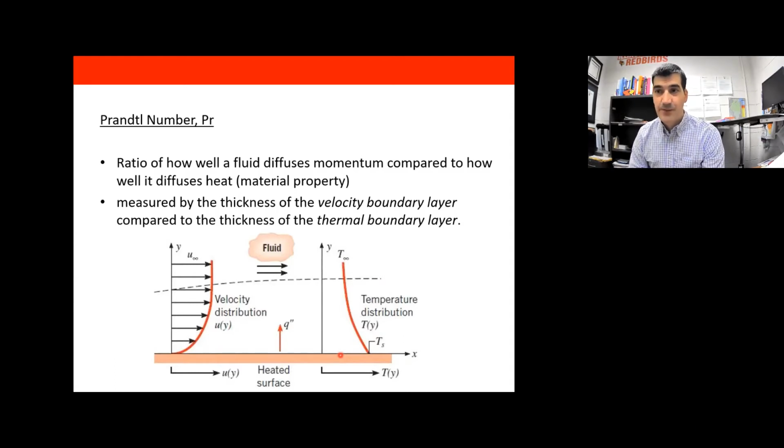So the way we're going to find this is to look it up in a table or somewhere online, or most likely I will give it to you. So you'll know what the Prandtl number is quantitatively. But I do want you to know what it represents. So that's why I gave you this discussion right here. I want you to know what the Prandtl number is conceptually, which is what we just discussed.